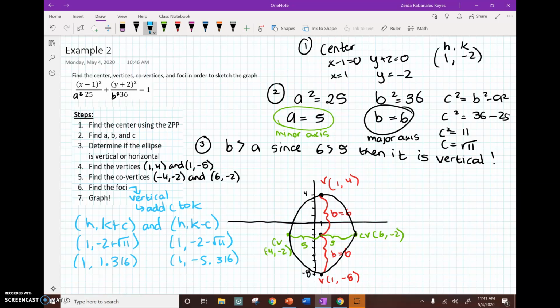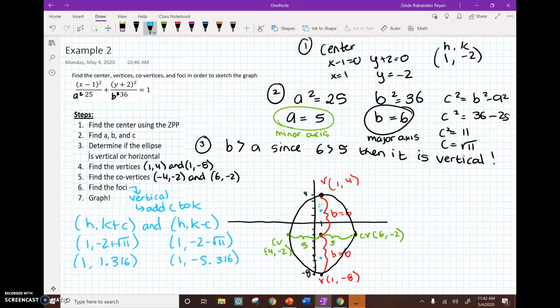So then I am at 1, 1.316 and 1, -5. 1, 2, 3, 4, 5.